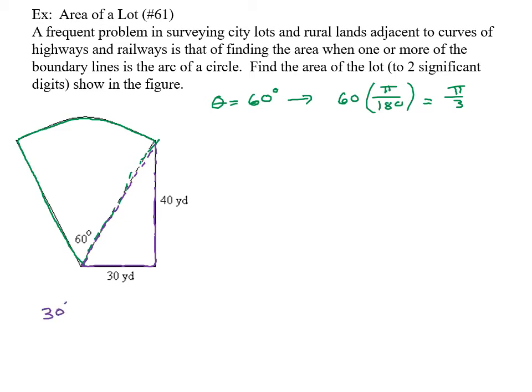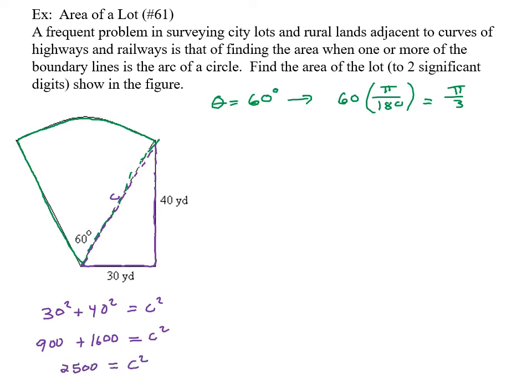If I do 30 squared plus 40 squared equals, I'll call this side C. Then I'll get 900 plus 1600 is C squared. So I'll get 2500 is C squared.